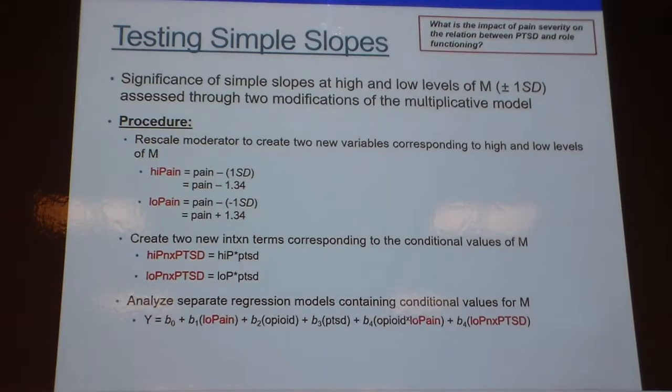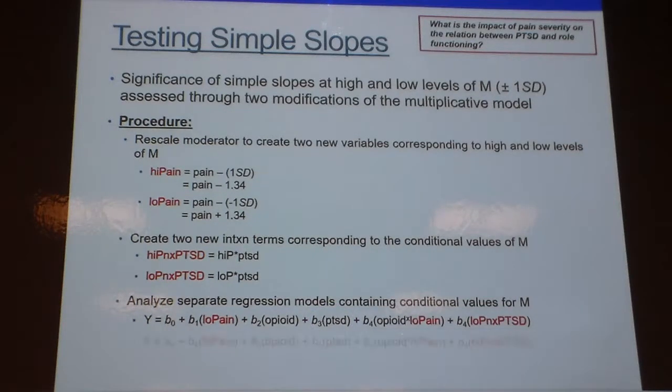What I'm going to do is go through for low pain. In my original regression model, my base model, I'm going to substitute my low pain variable that I calculated here and my low pain interaction terms for any interaction term that has pain in it. Then if I look at my coefficient for PTSD, this is going to be the effect of PTSD on my outcome at low levels of pain.